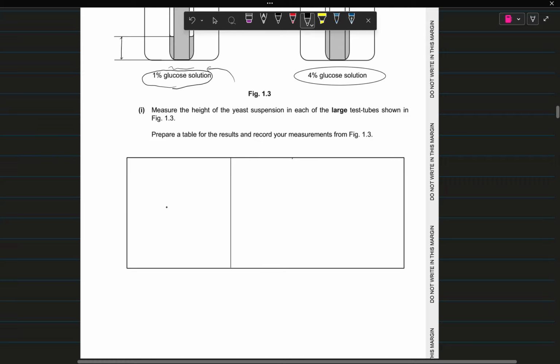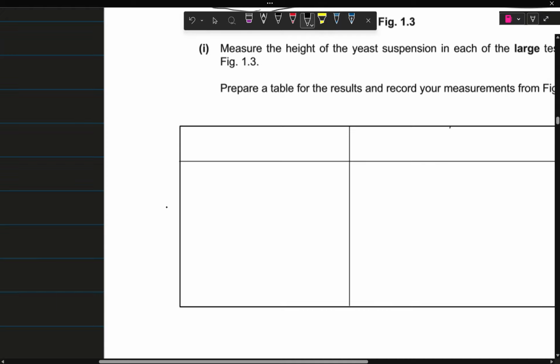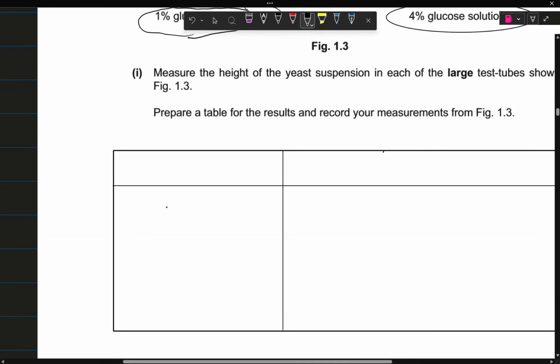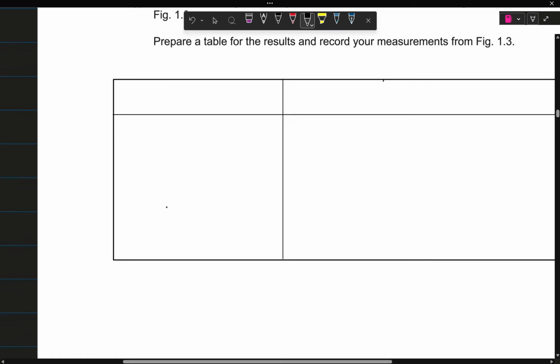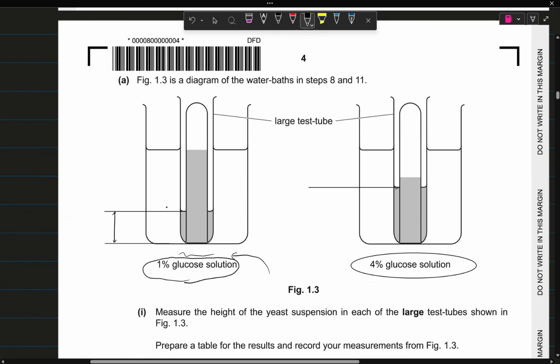And of course, make sure that you have a row for the header that includes the units. So essentially here, what I will write is the glucose solution concentration in test tube. And then of course I will write the unit. Because after all, we don't really have labels.